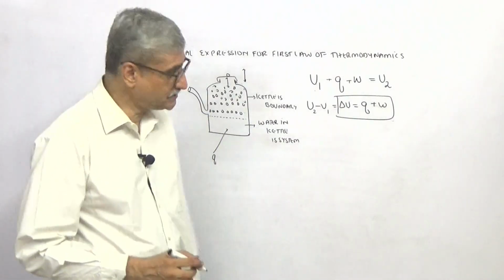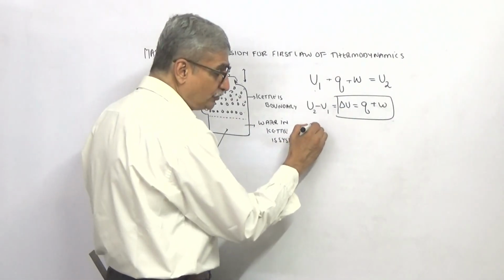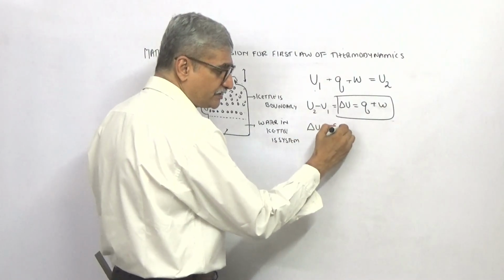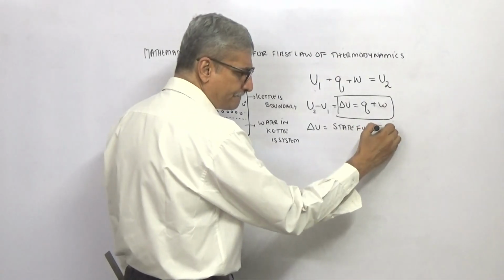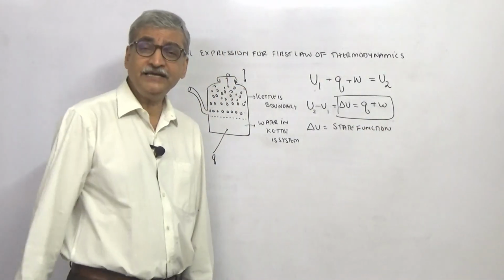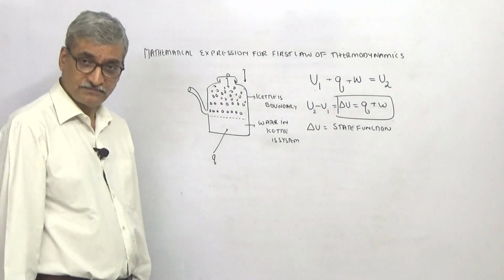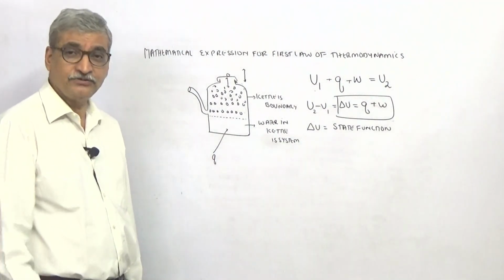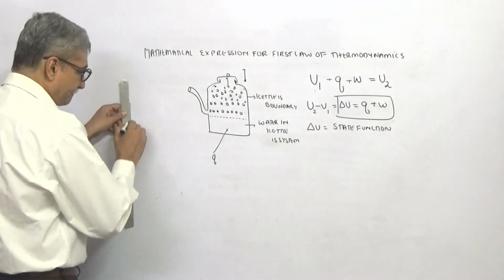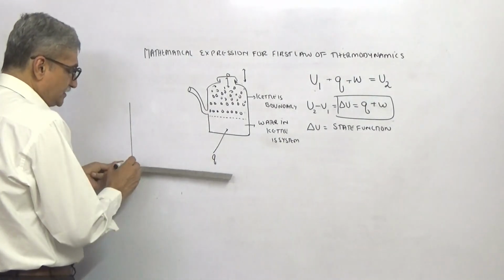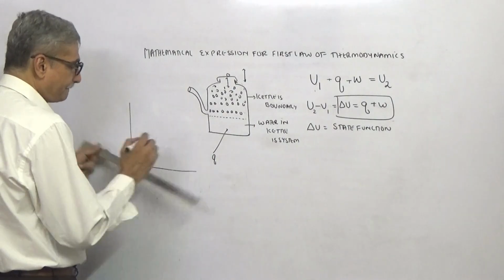But here, remember, delta U is a state function. You'll say, sir, why is U a state function? And so why is delta U a state function? See, I'll explain this like this. Suppose we have a graph.